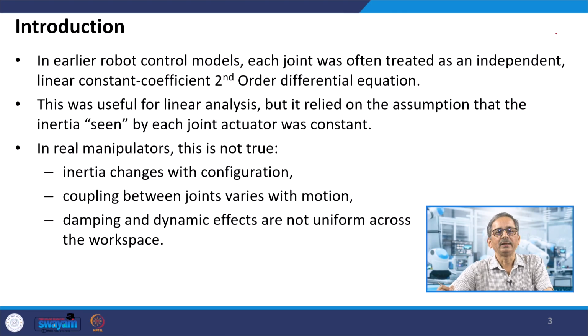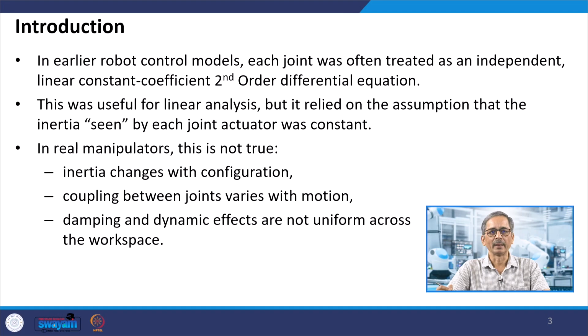In the earlier robot control model which we have seen, each joint was often considered as an independent linear constant coefficient second order differential equation. Because of that, we saw the whole treatment of the second order differential equation, and the three cases, that is the over damped, critically damped as well as the under damped cases.